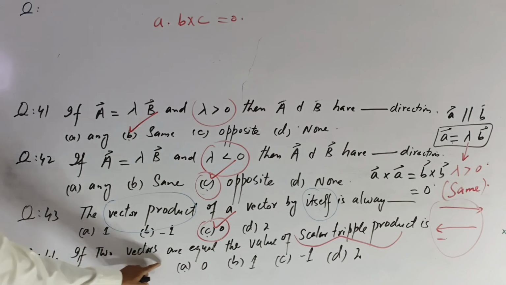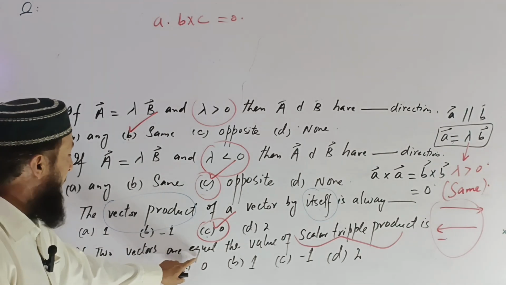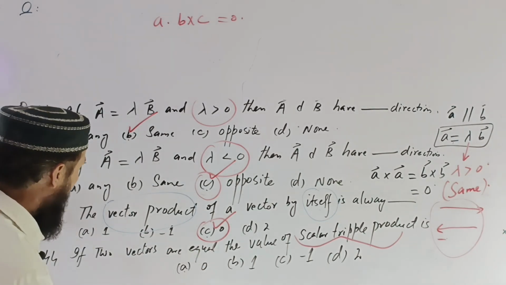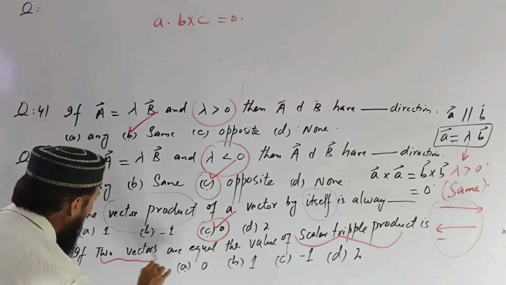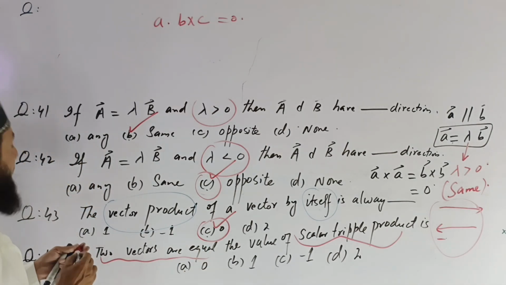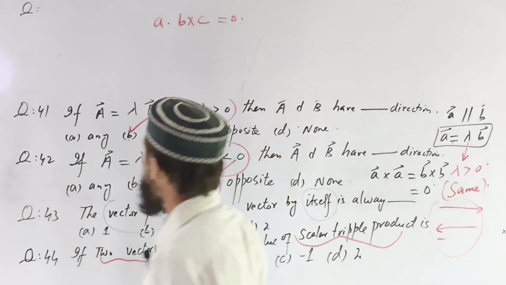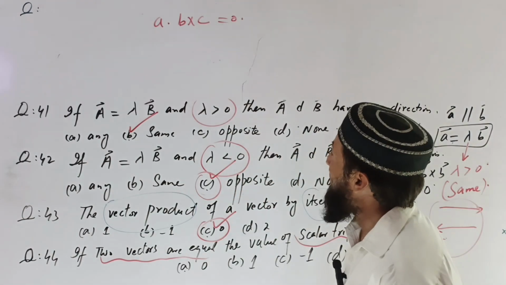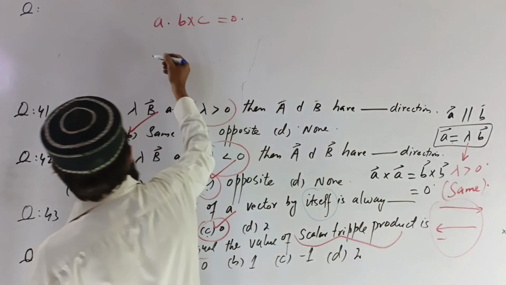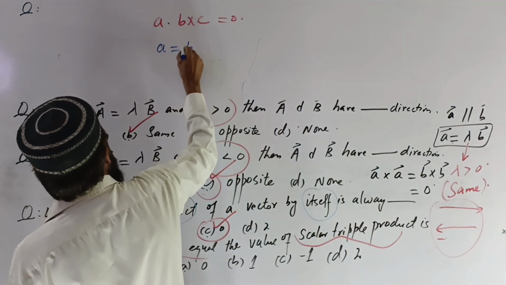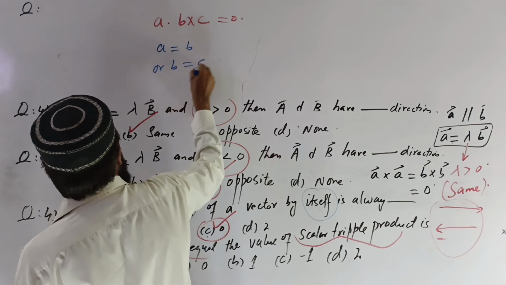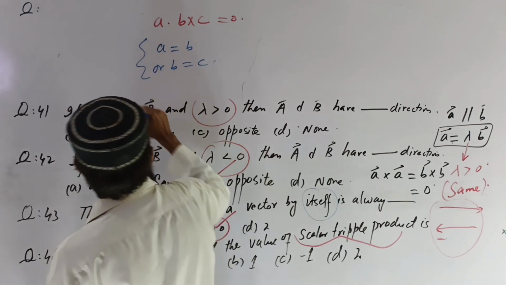If any two of these vectors are given equal, for example A is equal to B or B is equal to C, we can apply either condition.